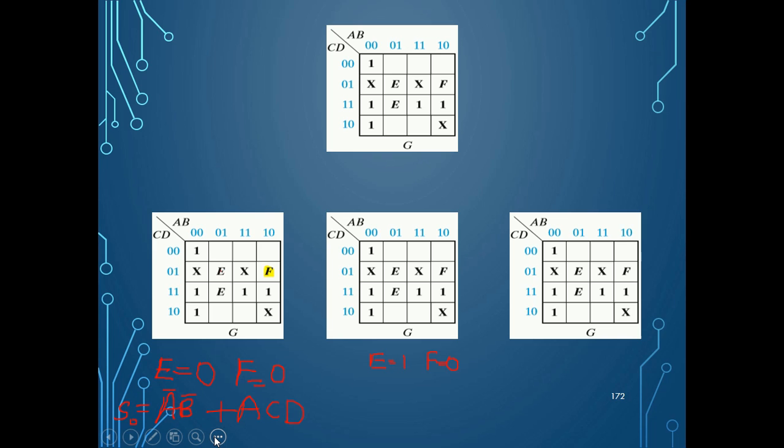So E is equal to 1 and F is equal to 0. That means only this term is not there here. So I'm going to encircle now. Take X as 1 if you want to encircle, and E is 1 already. So I can encircle in this manner, to include this 1.